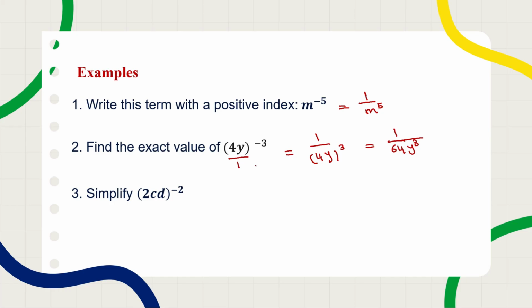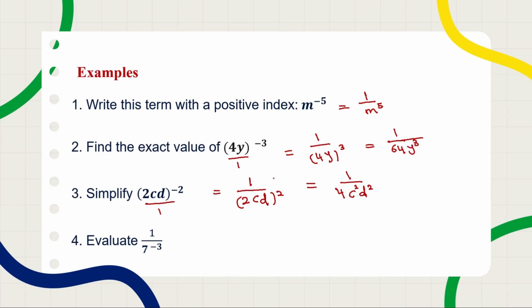Simplify (2cd) all to the power of negative 2. We flip the value, we find the reciprocal, so it will be 1 over, then (2cd) all to the power of 2, then 2 squared is 4, c squared, and d squared.